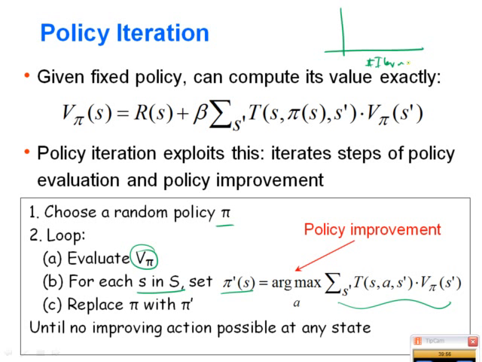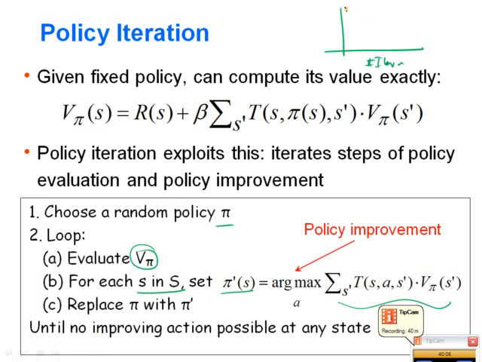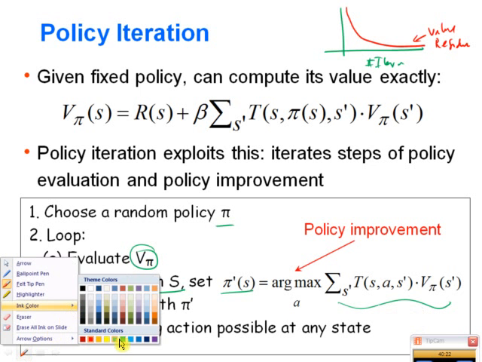If you draw both of them, you are likely to find that the value function might fall like that. This is the value residual, the difference between the current value function and V star, and this axis is the number of iterations as the iterations keep going.